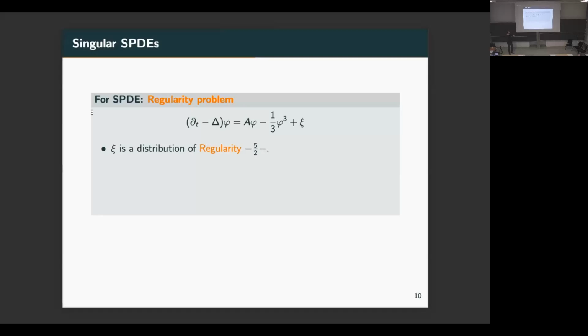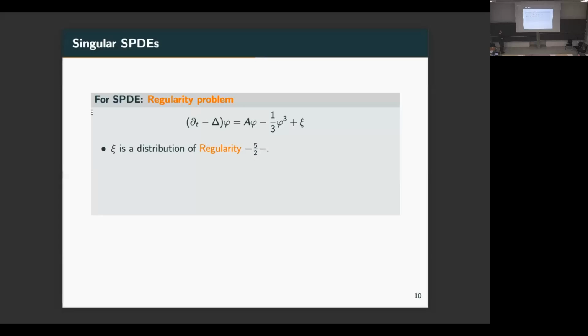I think everybody knew that this field here is going to be a distribution. Okay, that's fine. But the space of Schwarz distributions is pretty big, so there are a lot of really irregular objects. By now it's kind of obvious that when one wants to quantify how irregular something is, and one has the right way of doing that, then one can say this object, this space-time white noise, is a noise of regularity minus 5/2 in 3 dimensions, in the correct sense.